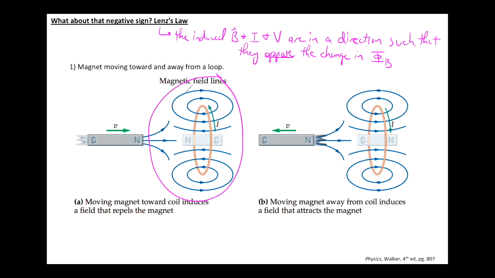Okay? So maybe this thing started with no magnetic field and it liked it that way, and now this magnetic field is growing through it. It's going to do whatever it takes to try to cancel it out. It's going to ultimately fail, but it's going to try. So what it does is creates a magnetic field the opposite direction. This is what we call the induced magnetic field because it's trying to cancel out the lines that are growing through it.